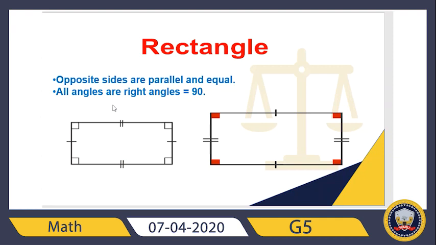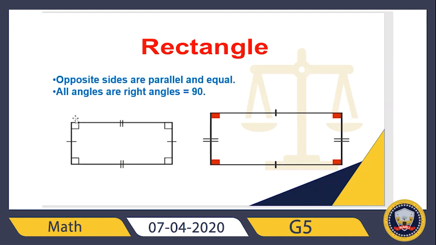The only difference between the parallelogram and the rectangle is that all the angles inside the rectangle are right angles, equal to 90 degrees. I mean each angle inside the rectangle equals 90 degrees.